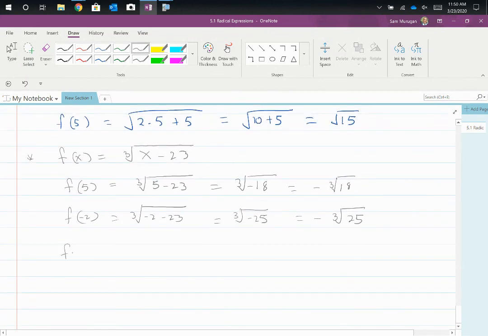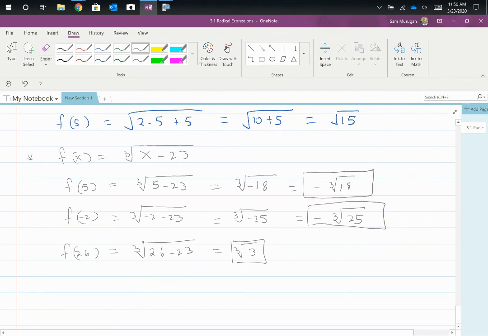And f of 26, the cube root of 26 minus 23 is equal to the cube root of 3, which cannot be simplified. So we're pretty much stuck with that as the answer.